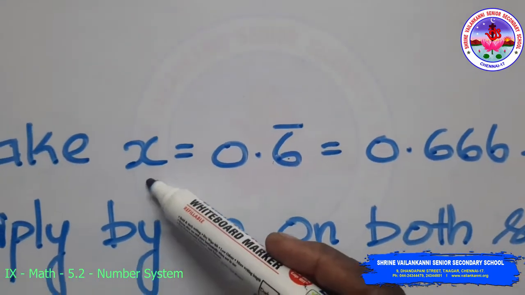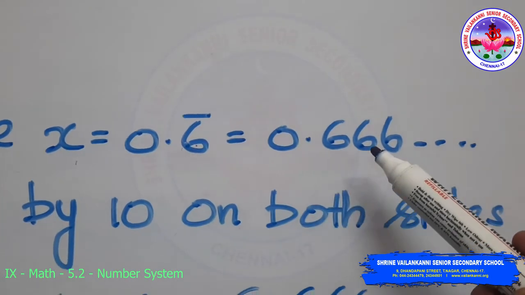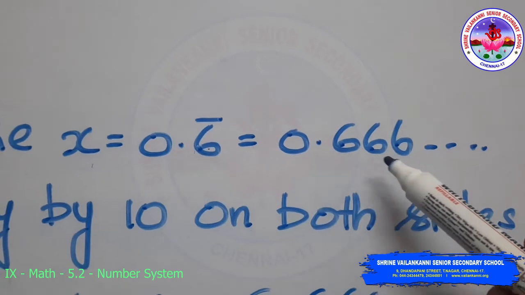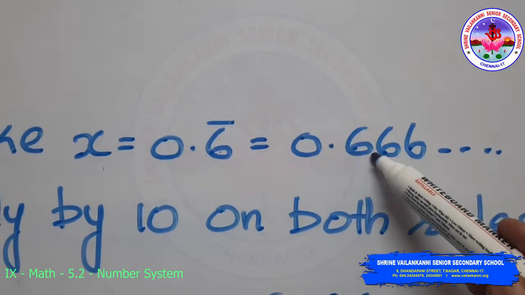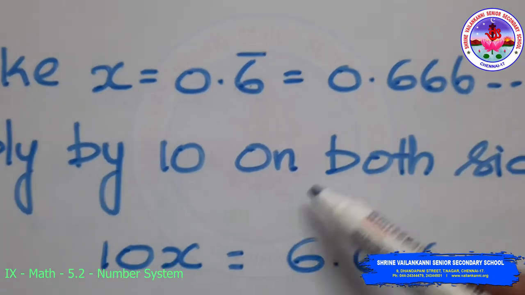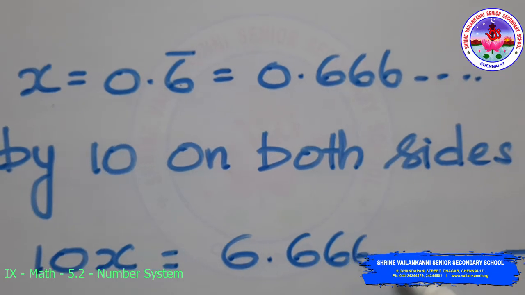So left hand side I will get 10x, and right hand side, if I multiply 10 with 0.666 and so on, where the decimal point jumps after the 6, I will be getting 10x equal to 6.666 and so on.